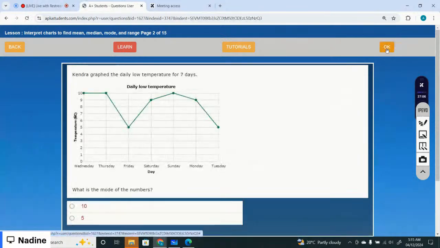Kendra graphed the daily low temperature for 7 days. What is the mode of the numbers? So, which is the correct option?